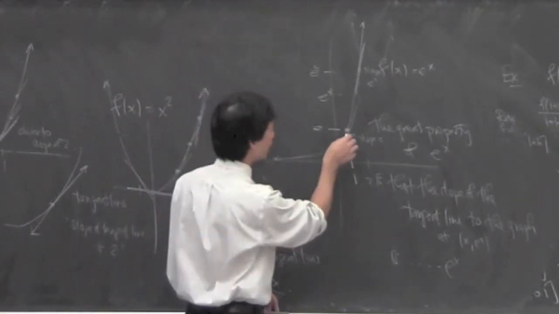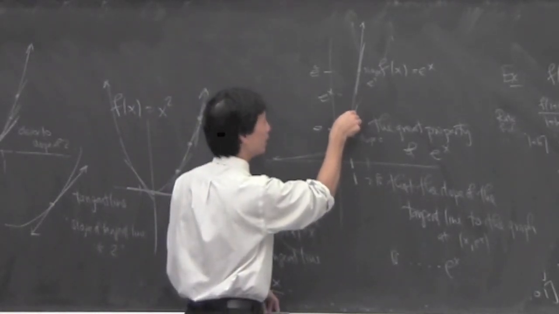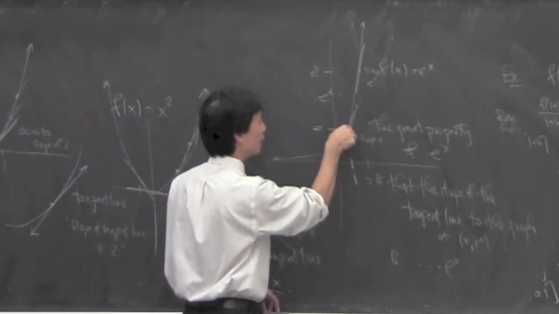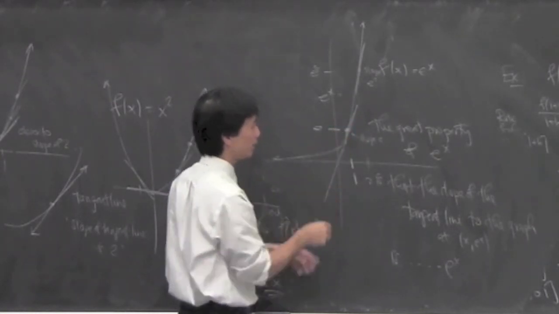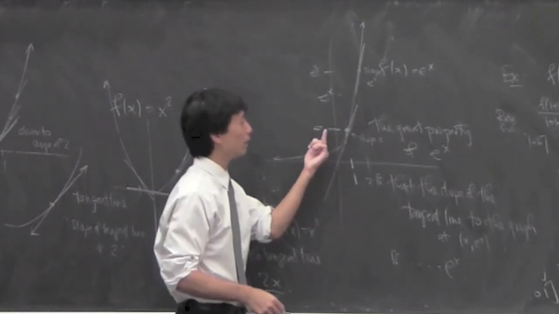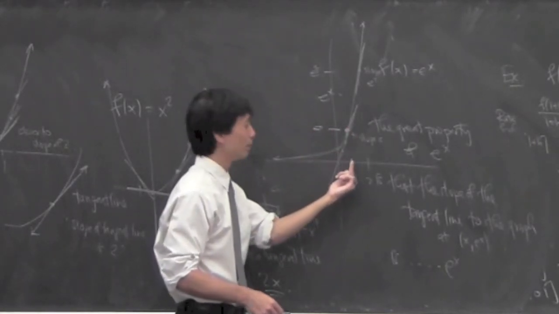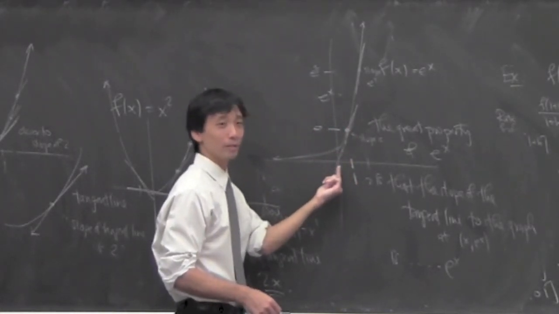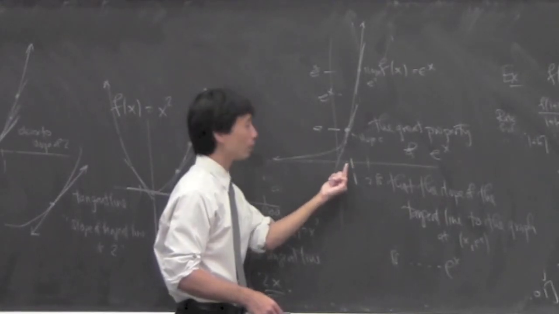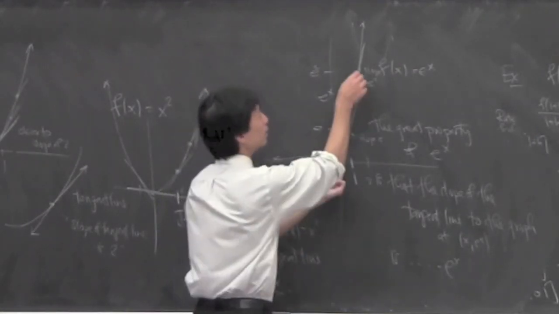Another way of saying it geometrically is that if we look at the tangent line going through that point, where's it going to hit? Well, if the height is e and the slope is e, where's the tangent line going to cross the axis? It'll cross one point over, right?